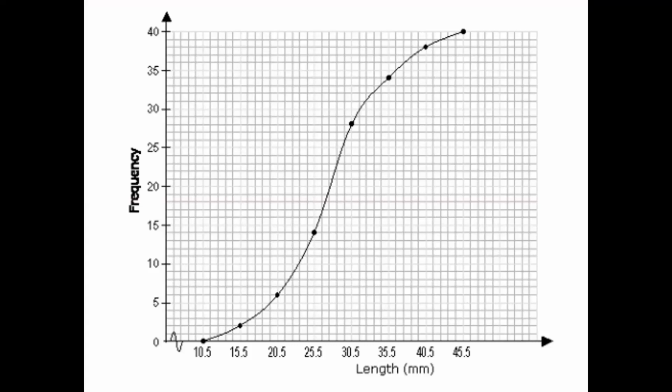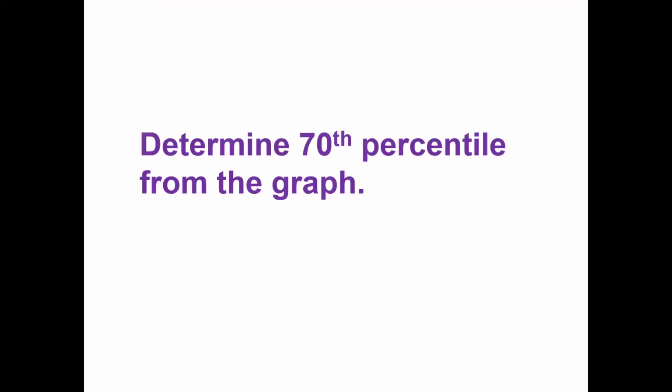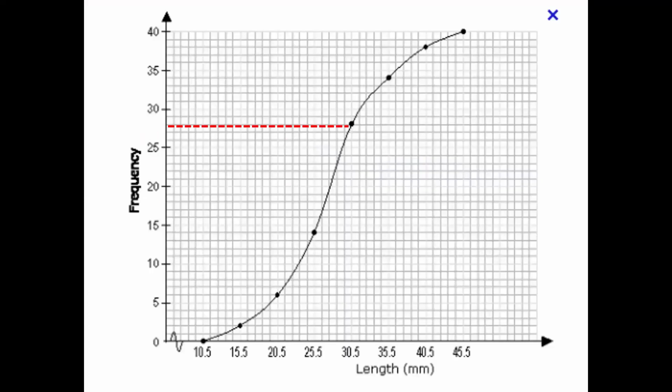If you recall, even the median is a percentile, the 50th percentile. The upper quartile is the 75th percentile, the lower quartile is the 25th. But other than that, you can ask to get 60%, 30%. This is called a percentile. For example, you have to determine the 70th percentile from the graph.